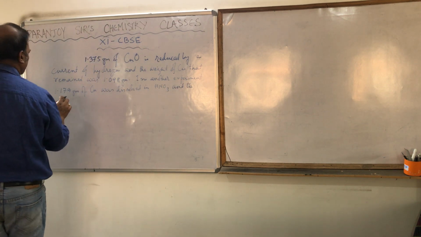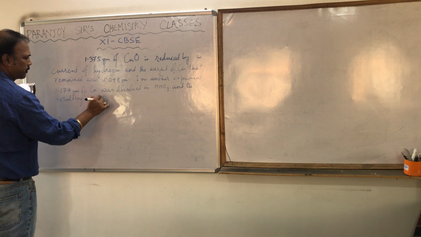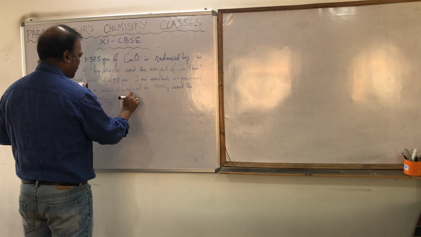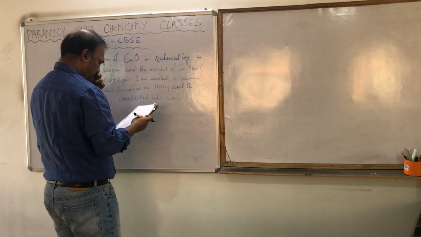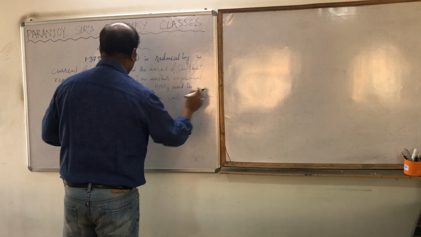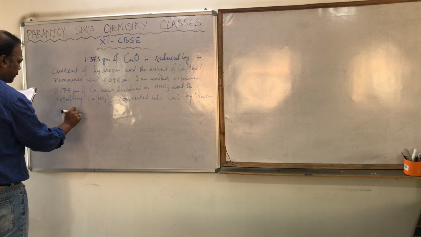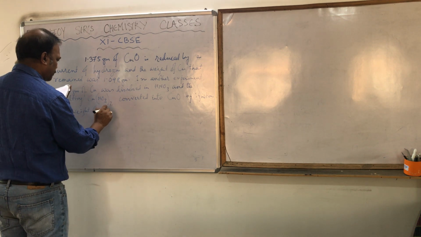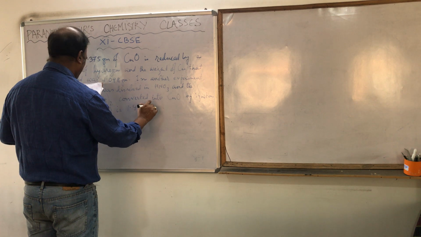and the resulting copper nitrate, Cu(NO3)2, was converted into CuO by ignition. The weight of CuO is 1.476 gram.